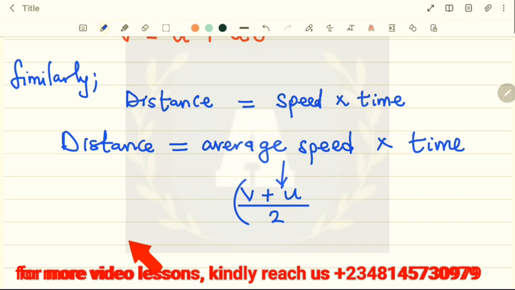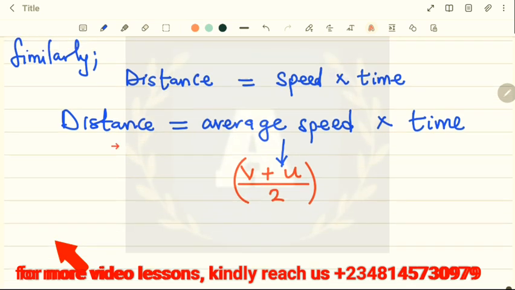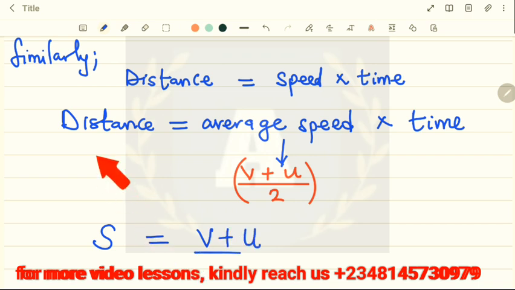So we can now write our equation. The symbol for distance is S, equal to the average speed, V plus U divided by 2, in bracket, multiplied by time, t.